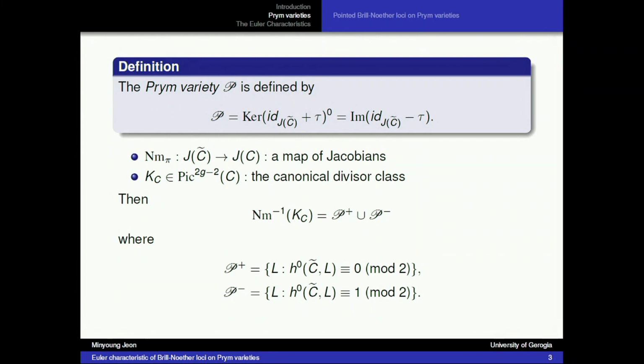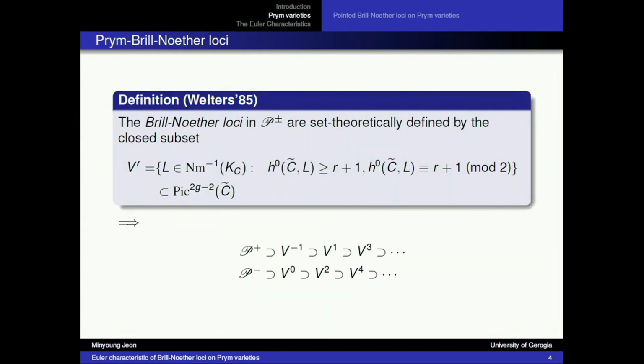We denote these disjoint Prym varieties P plus and P minus, where P plus satisfies that the dimension of the global sections of the line bundle is an even number, and similarly P minus has the dimension of global sections odd. For either of these Prym varieties, P plus or P minus, we can define Brill-Noether loci using a one-dimensional condition on the global sections of the line bundle on the double cover.